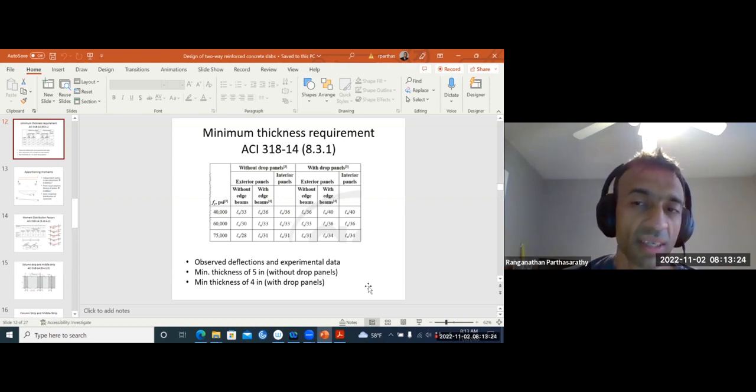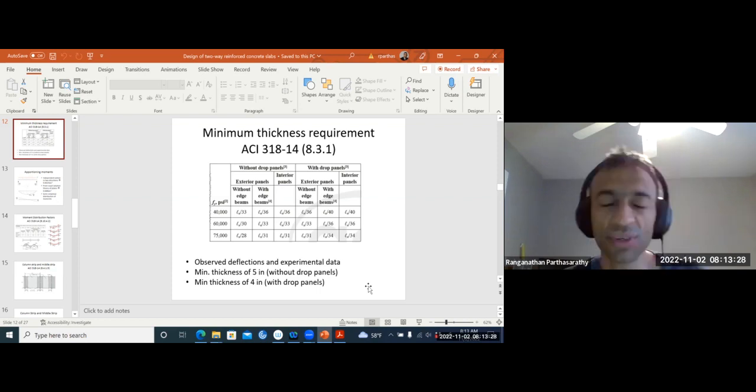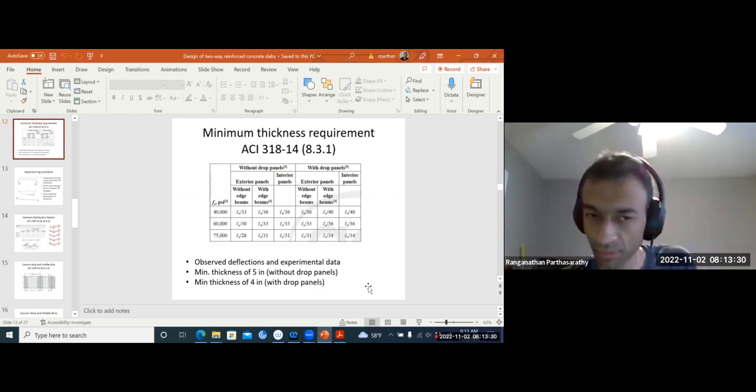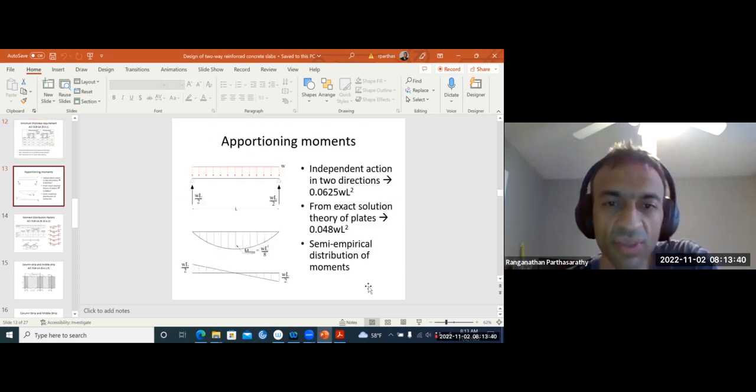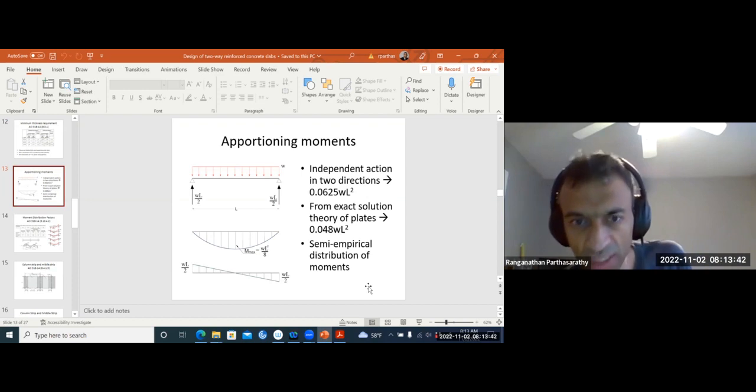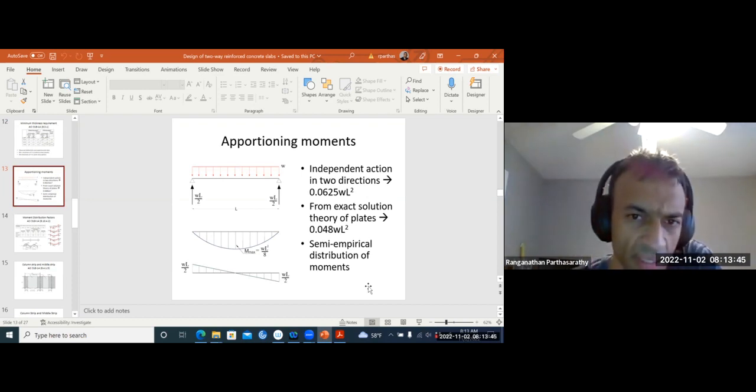But in some cases, it will make a big difference in the amount of deflection that you calculate. So the code is being updated always according to the latest research, but we have to keep track of that as well.